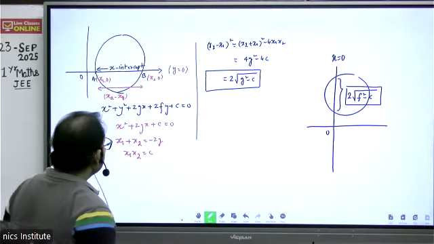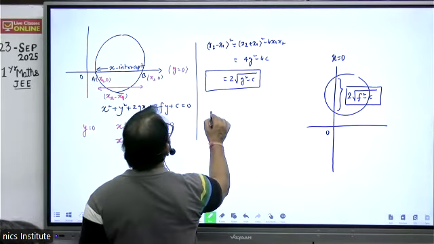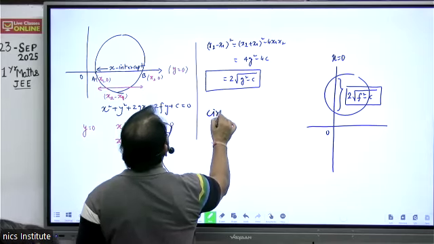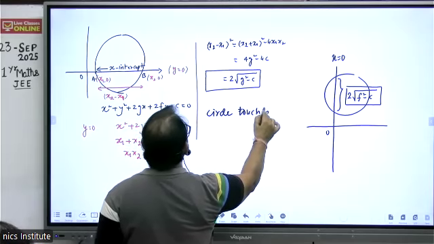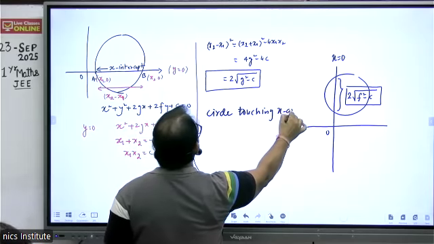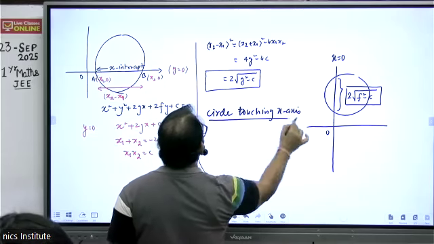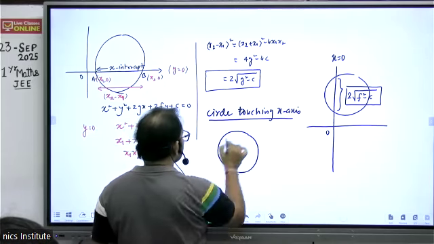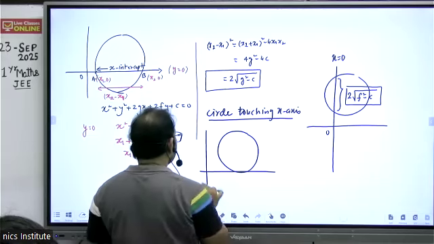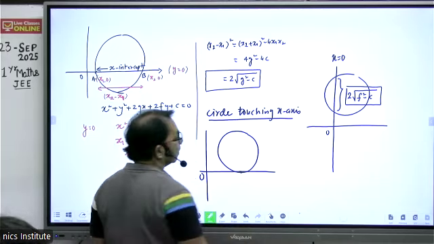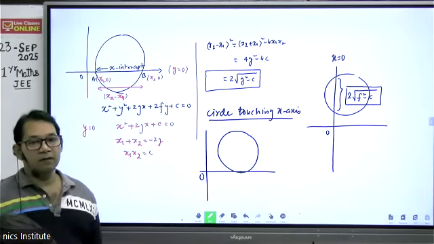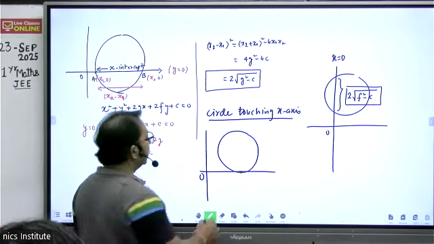What if a circle touches x-axis? Circle touching x-axis. So the circle is touching x-axis. Then how much will the length of x-intercept be? 0. So length of x-intercept would be 0.